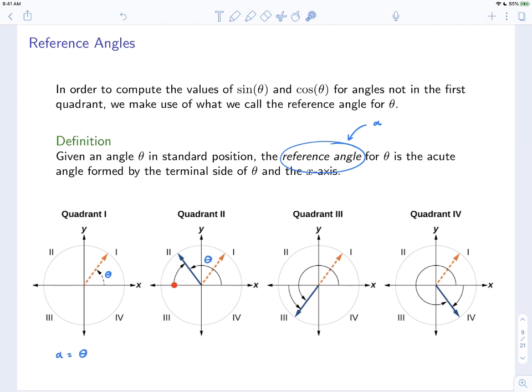The smaller angle, that's the acute angle. And this is the reference angle, so this is alpha. So in this case, you can see that alpha plus theta is going to give you 180 degrees, or pi radians. So in this case, alpha is equal to pi minus theta. Notice that this measure, alpha, is the same as the measure of this angle in the first quadrant.